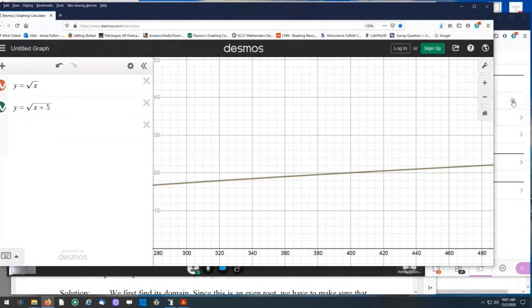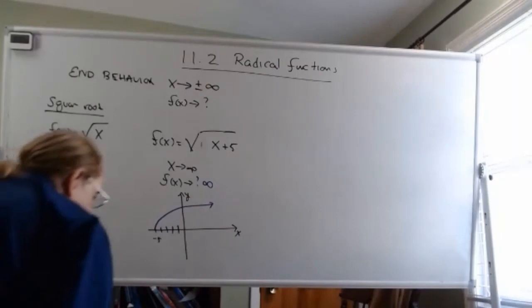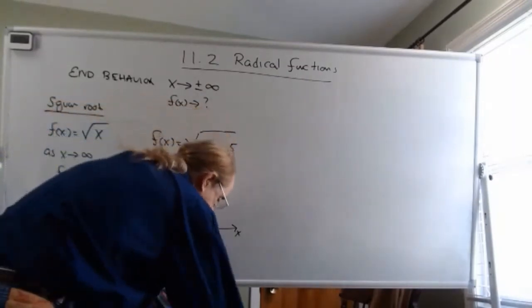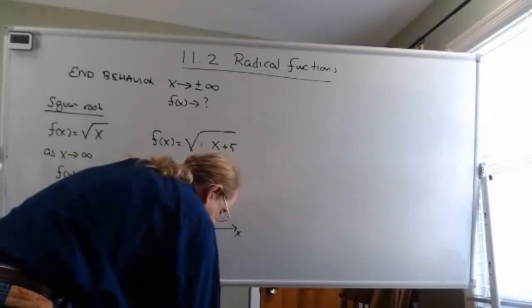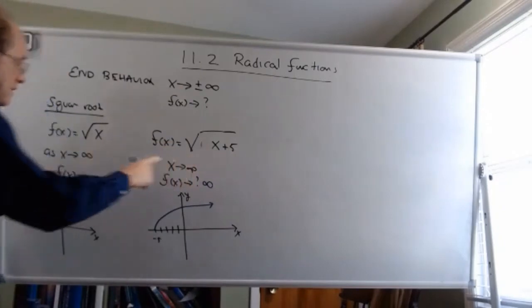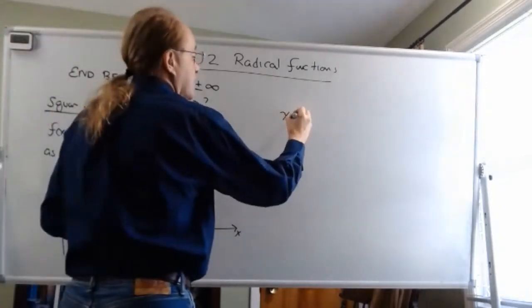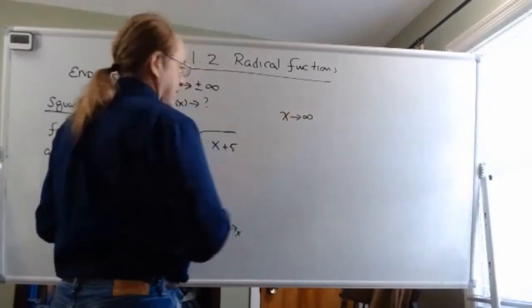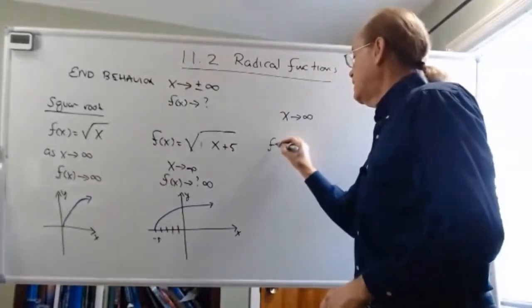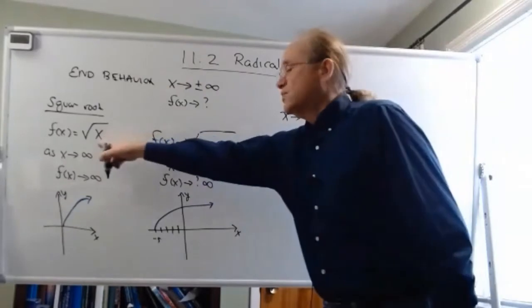So what we're saying over here, very simply, is that the end behavior of this graph looks like that. So when x goes to infinity, this f of x goes to square root of x.